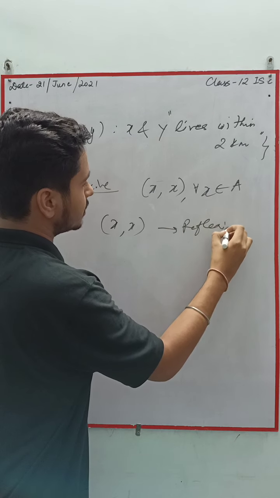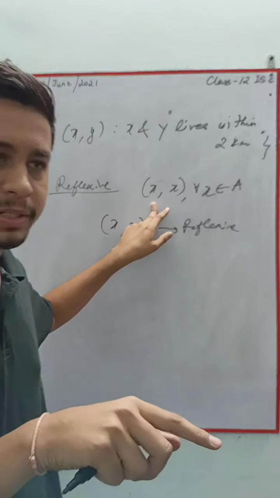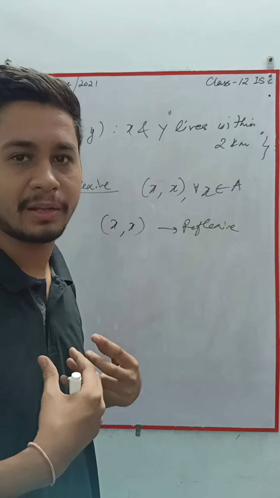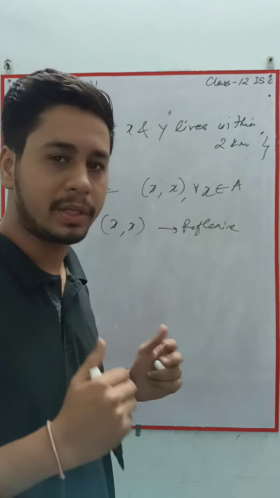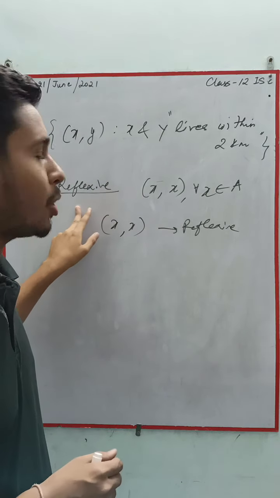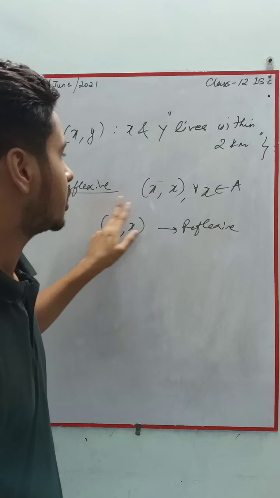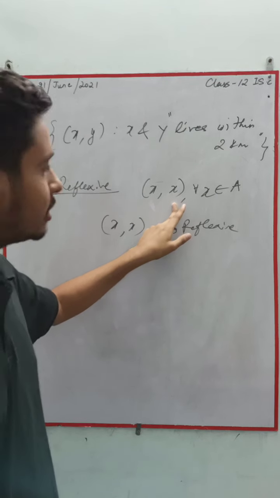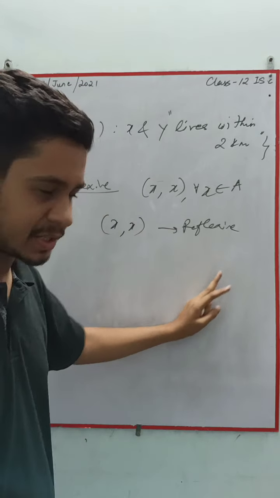Why? Because the same person lives with, that means if I am talking about myself, it will be me only. That means for x and x, we are taking only one element for the reflexive. We always take one element for the reflexive. So x and x will both be the same only, hence it is a reflexive one.